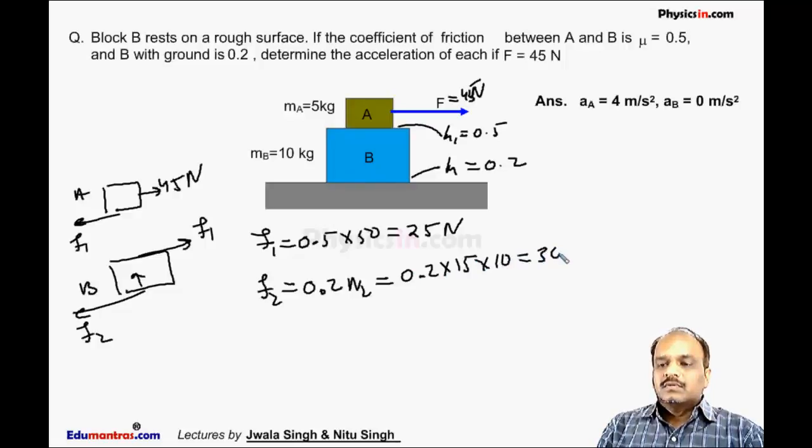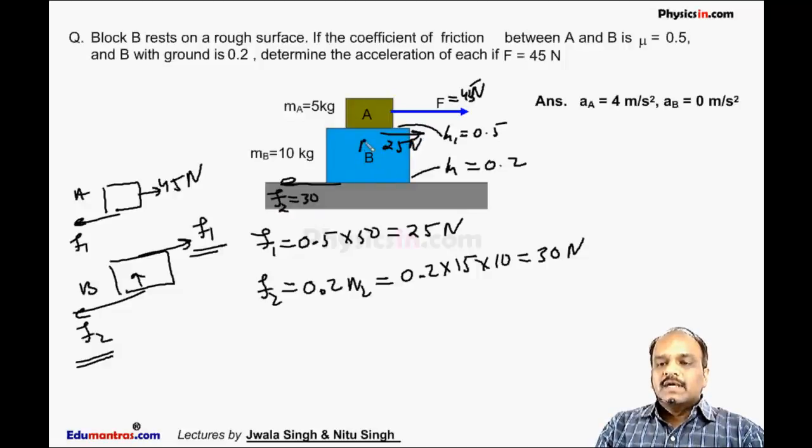So this is equal to 30 Newton. So the maximum value of F2 is 30 Newton, whereas the pulling force on block B is only 25 Newton. So this block B will remain stationary because the maximum possible friction is 30 Newton, whereas this force is only 25 Newton.